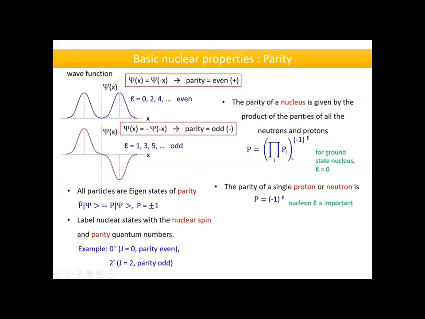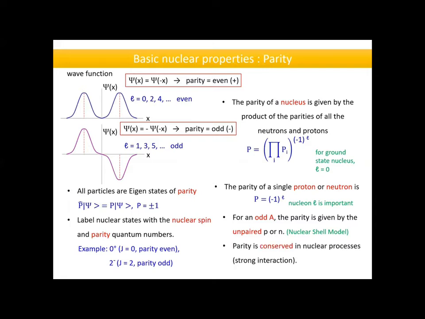And the parity of a single proton or neutron is given as this, that is P is equal to minus 1 raised to L. The important thing that decides the parity is the orbital angular momentum L. Now for odd mass number A, the parity is given by the unpaired proton or neutron as in the nuclear shell model, and parity is conserved in nuclear processes.